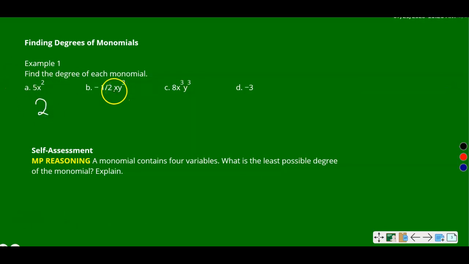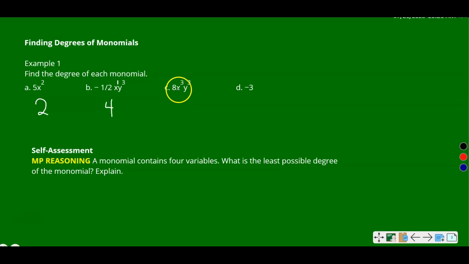All right, for B part, negative 1/2 x y to the third. There's no exponent on the x, but it is assumed to be a 1. So you can assume there's a 1 exponent there. So the sum of 1 and 3 is 4. So the degree for this monomial is 4.